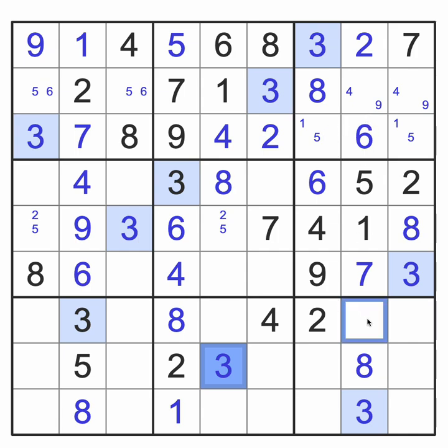Okay, so this column is missing 4 and 9. And the 4 is already here in box 8, so this becomes 9, 4, 9. This column is missing 1, 4, 5, 6.